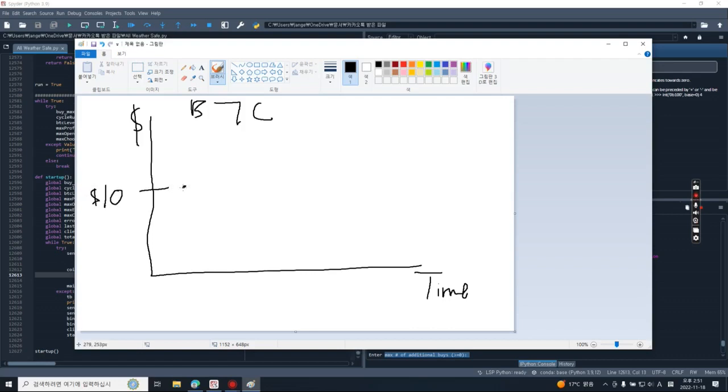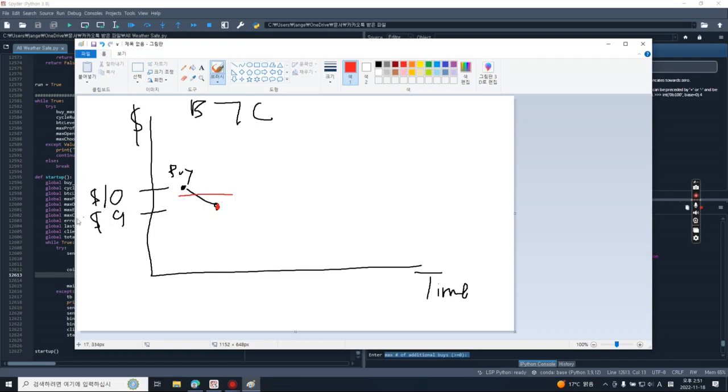The price is currently at $10, and I bought it here. And it drops to $9. Say the price of Bitcoin drops to $9. I'll label this red. Here, the most wise thing to do would be to maybe put a stop loss here, just so you don't lose any more profit.